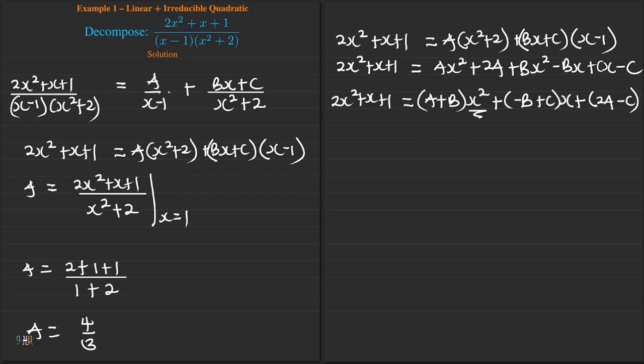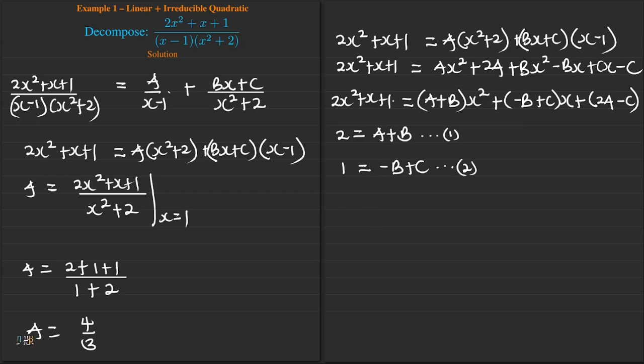Based on this, we now equate the coefficients of like variables. So for those of x squared, there is a 2 here, so 2 is equal to, this is for the x squared on our right hand side, so 2 is equal to A plus B. This becomes our equation 1. Then for that of x, we have 1 is equal to, the coefficient of x over here is negative B plus C, and that becomes our equation 2.